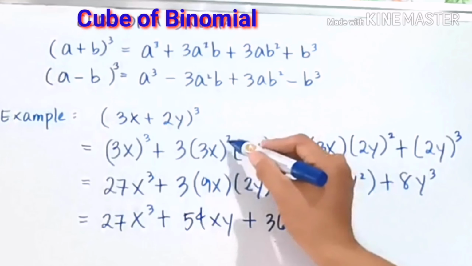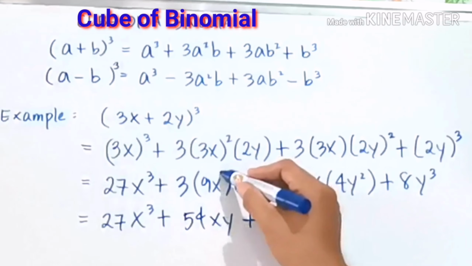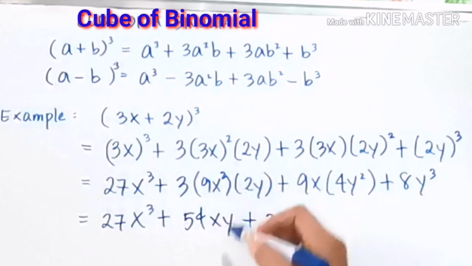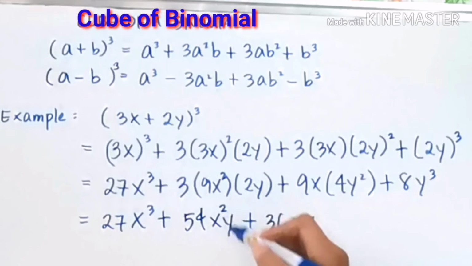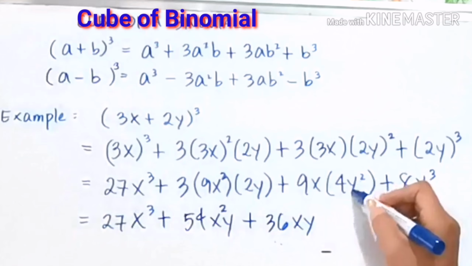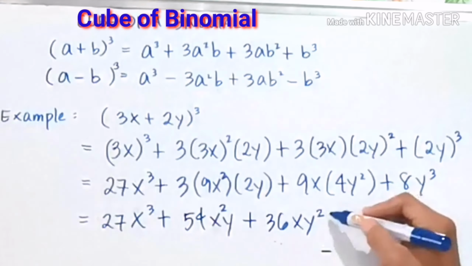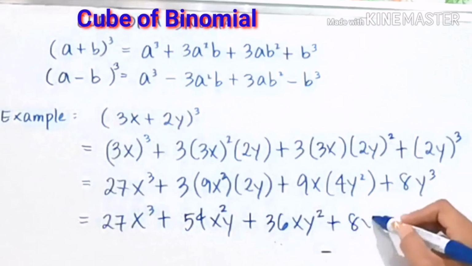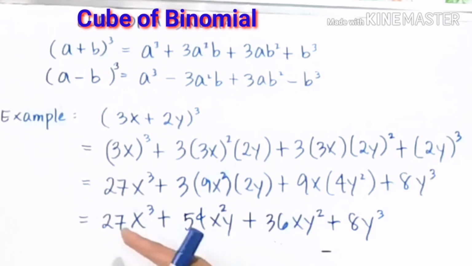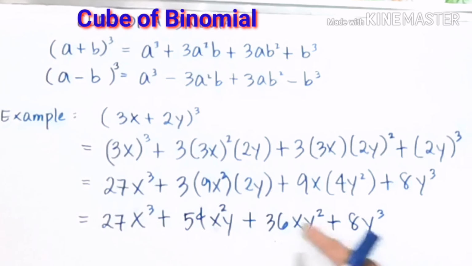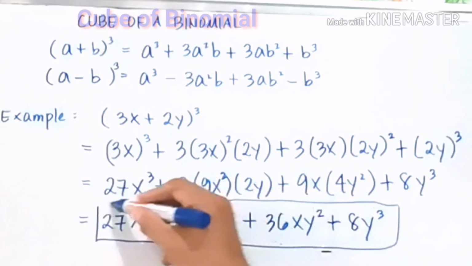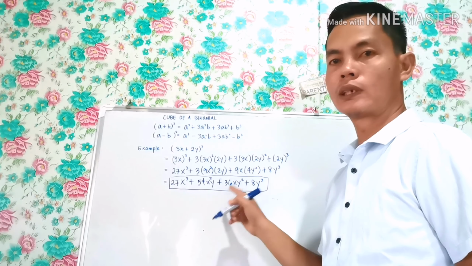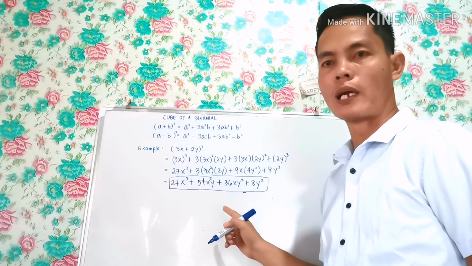So we forgot to put a square on this particular part, so we have 9x squared, so we also have 54x squared y, 36xy squared plus 8y cubed. So if you can observe here, there are no similar terms already, so this is our final answer. So that's it for this particular formula.